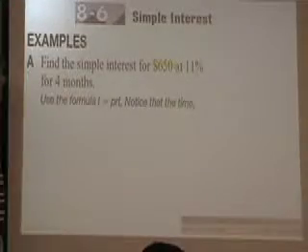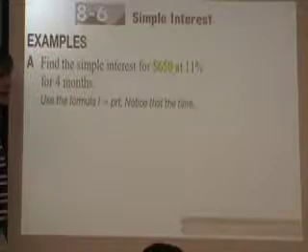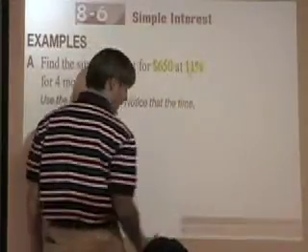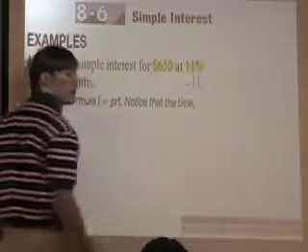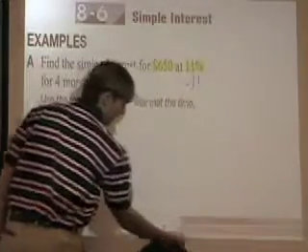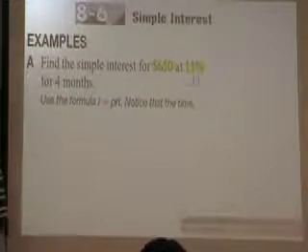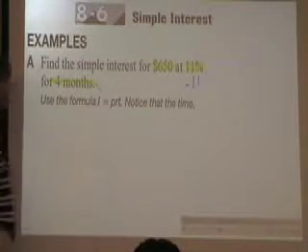So you know the principal is $650 because that's how much you borrow originally. What's the rate? 11%, but you got to make that a decimal. What is it as a decimal? 0.11, just by moving the decimal 2 places to the left. Chris, what's your time? Your time is 4 months.